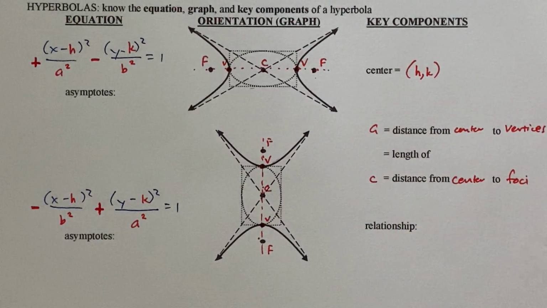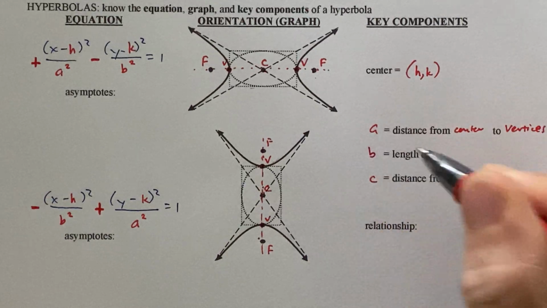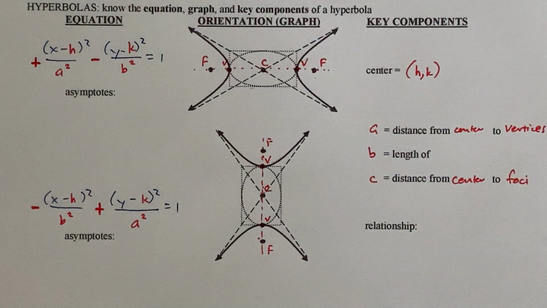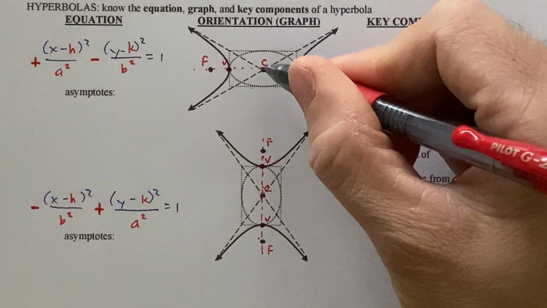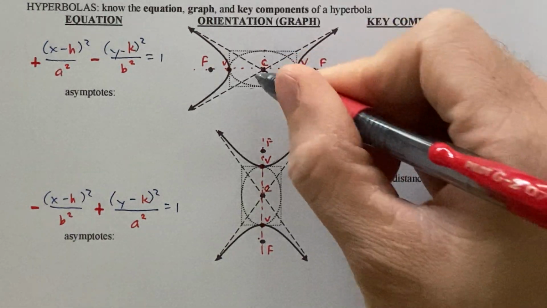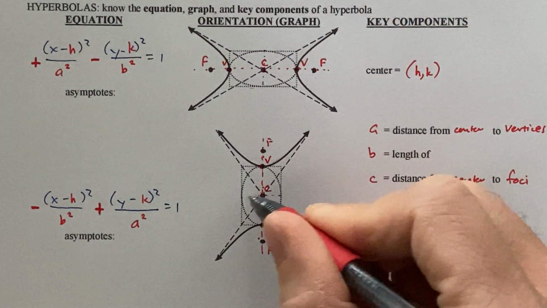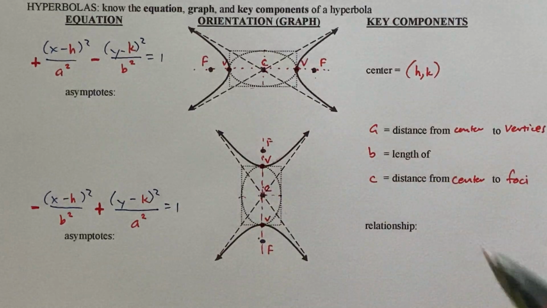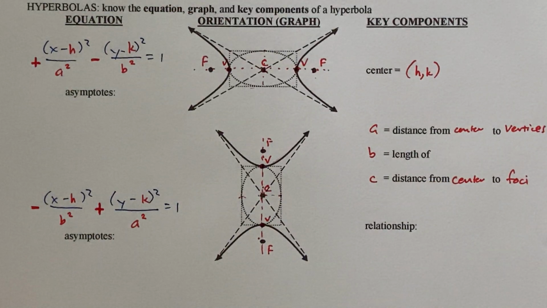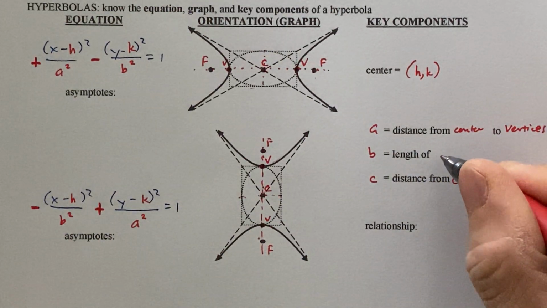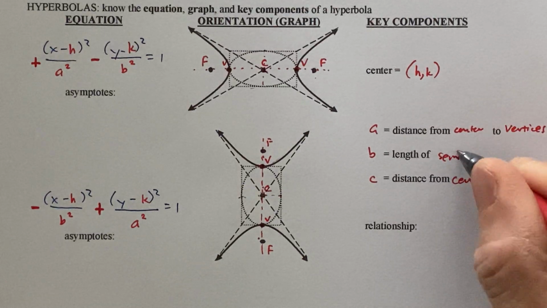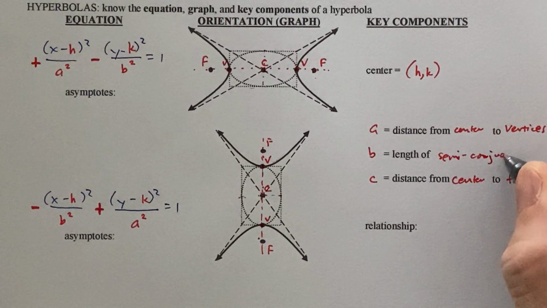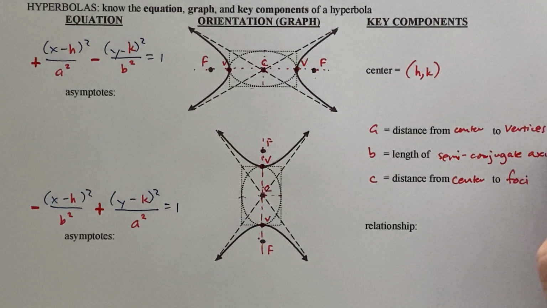Okay, so the distance from here to here, or from here to here, is C. And then finally, B is what we used to call the distance from the center to the minor vertices, which used to look like this, or this, or this, or this. But because those points no longer exist, we just rename it. We call it the length of the semi-conjugate axis.